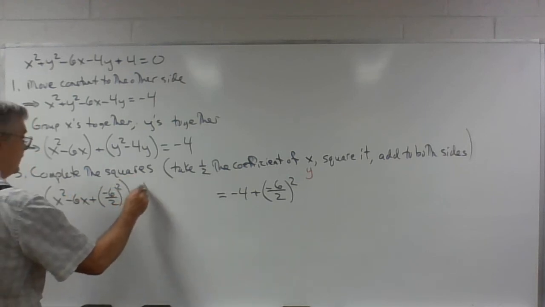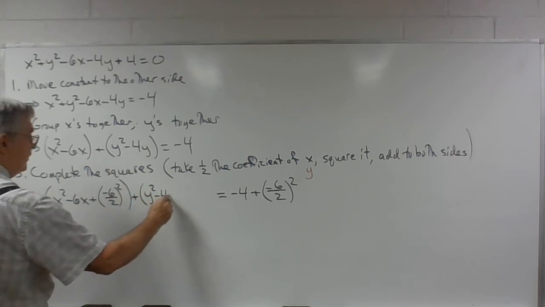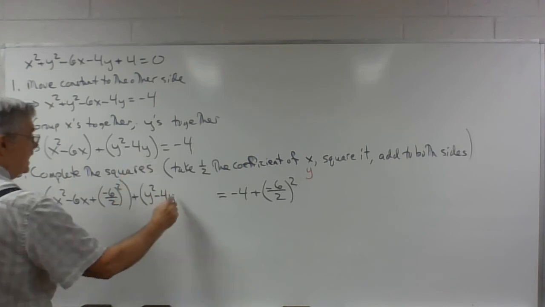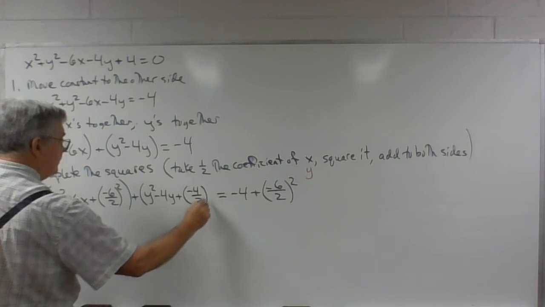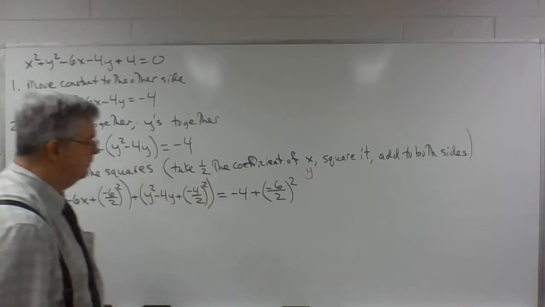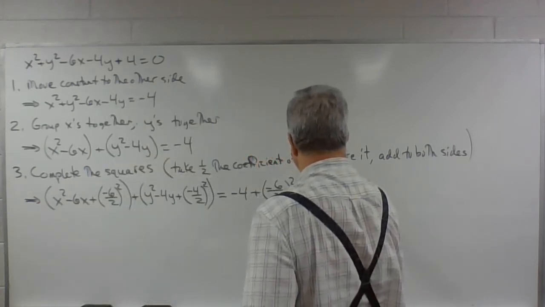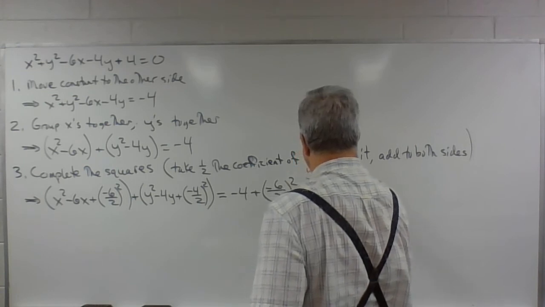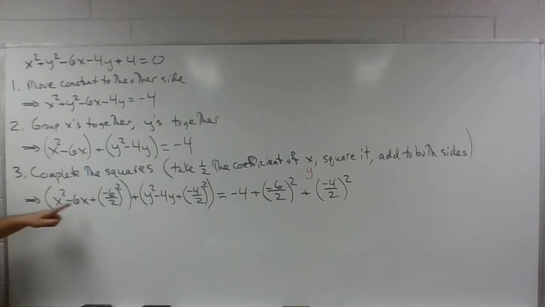And I'm going to do the same thing with y. Take 1/2 the coefficient of y, which is -4/2, square it, and add it to both sides. And each of these expressions is now a perfect square.